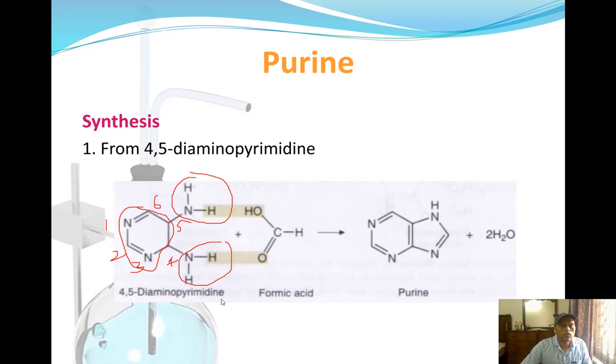So this is 4,5-diamino pyrimidine, and you have to make that react with formic acid, and there is going to be removal of water. It's a condensation reaction. Here there is one molecule of water, and here there is another molecule of water, and you are going to get purine as the product.